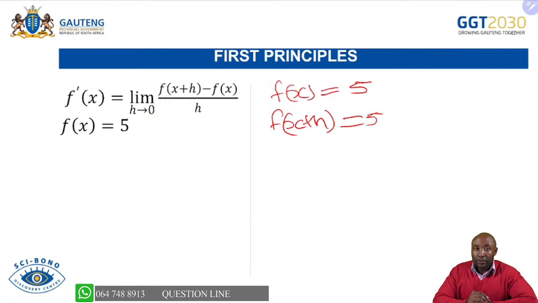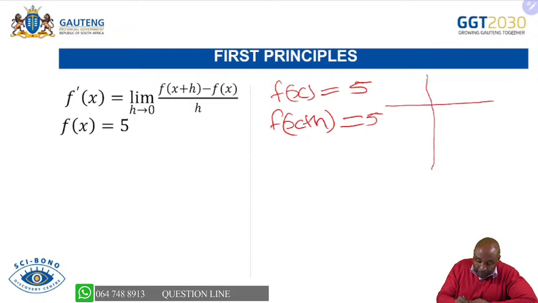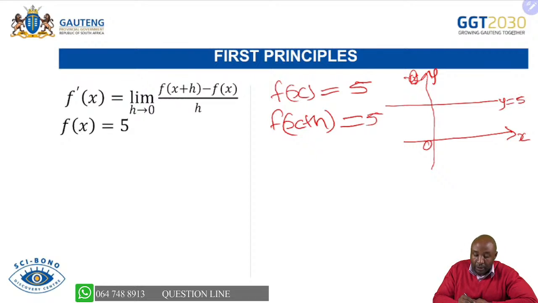Because if we are to draw this function, it is a horizontal line where this is our f of x or our y values, and here we have our origin, and those are our x values. You can write its equation as y is equal to 5. It's a horizontal line.